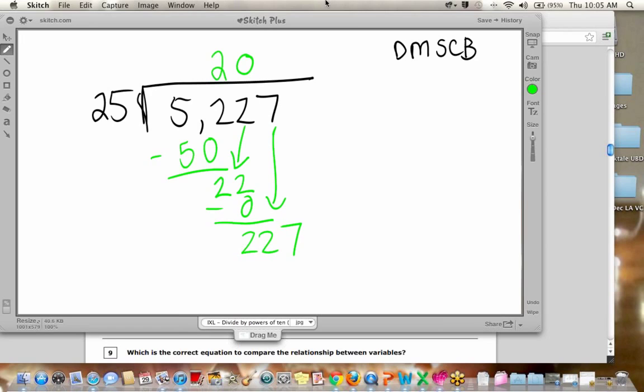So now most people are telling me that 25 will fit into 227 9 times. So my next step is to multiply 9 times 25. You can come over here and do a little side problem if you want, or you can just watch what I'm about to do.